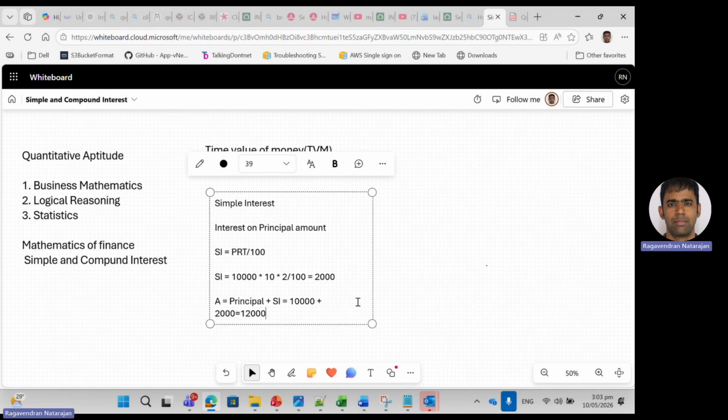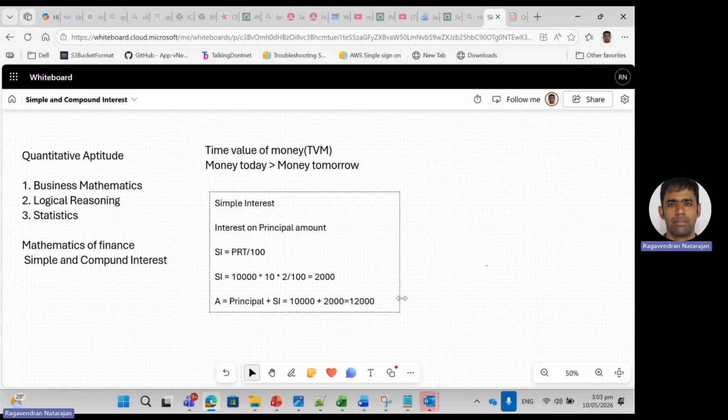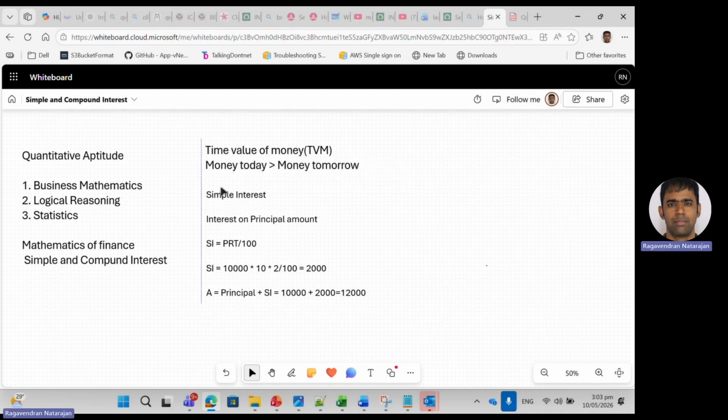So this 12,000 is the total amount we earned at the end of the time period. Is it fine? Understand? Yes, this is simple.